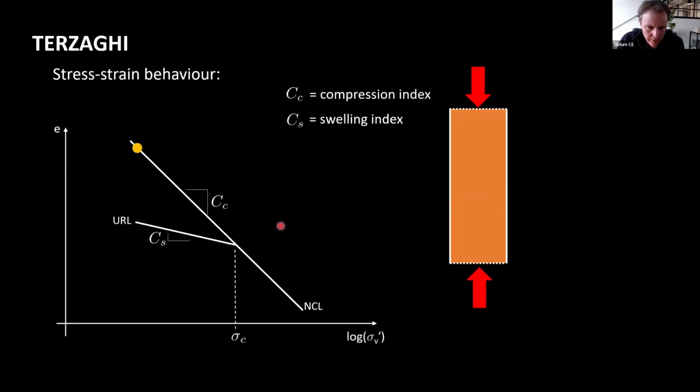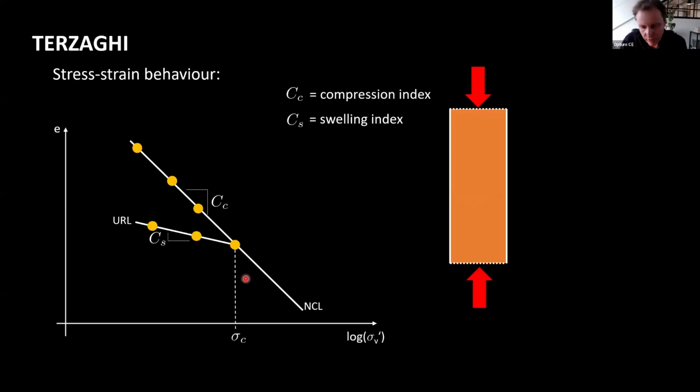And so the idea is that if you start at some point up here, say you have a slurry, and then compress the material, well, you will move down this normal consolidation line. And if you were to unload, well, it would happen like this along an unloading, reloading line.